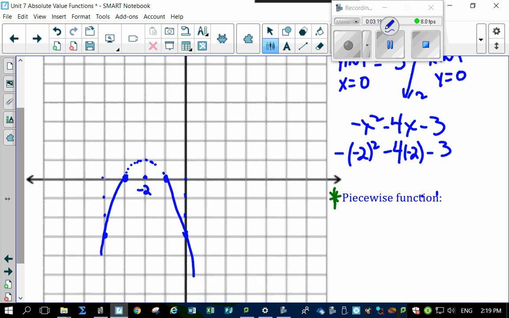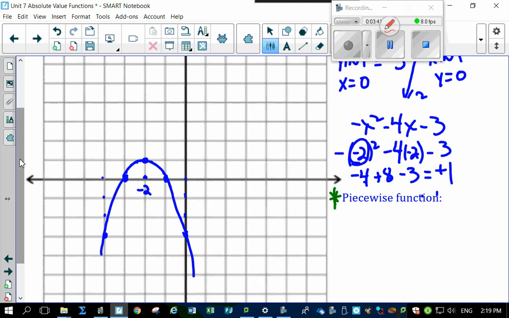Okay, so -2 squared is going to be 4, that's going to be -4. Minus 4 times -2 is going to be +8, minus 3. -4 plus 8 is going to be +4. Right? Minus 3, this works out to be +1. This, in fact, is right here at +1. That's what your original looks like.